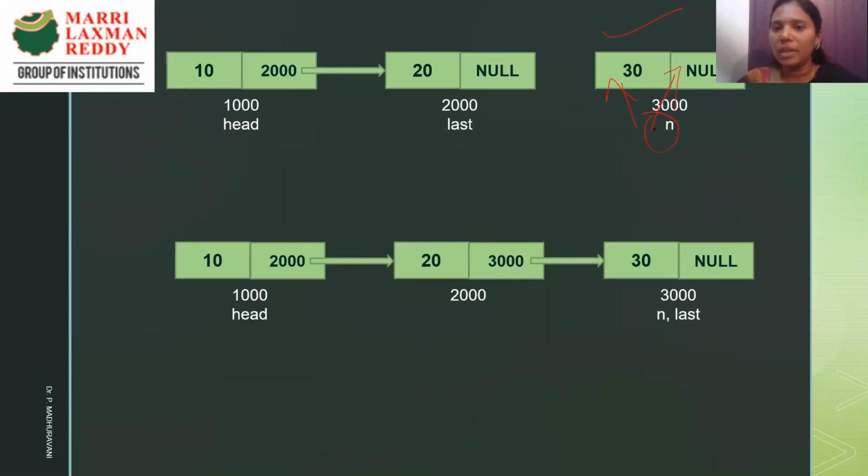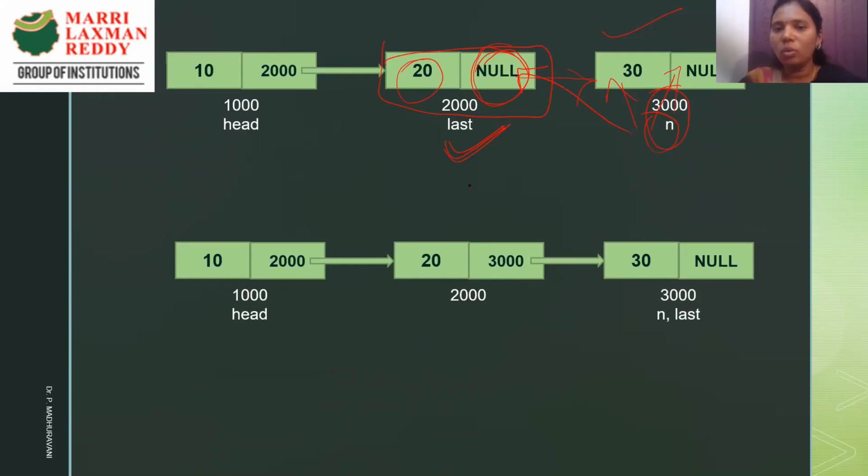Now you need to establish a link between these two. How can I do that? What is the name of this part? This entire node I am referring to with the name last. So this part is called last arrow data and this part is called last arrow next. Now in place of null I need to write the value 3000. The name of 3000 is n.